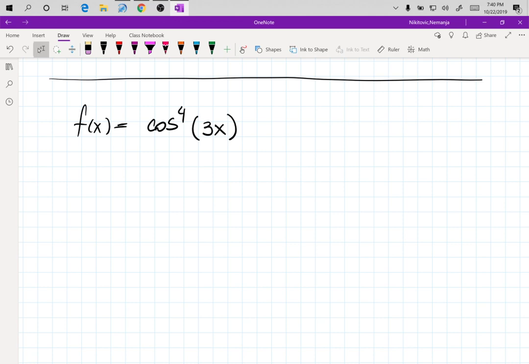The derivative will use chain rule, and we are going to use the nested, right? Because we have three functions. We have 3x inside the cosine, and everything is inside the x to the fourth.